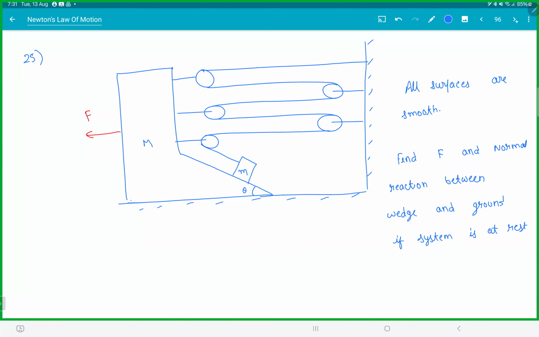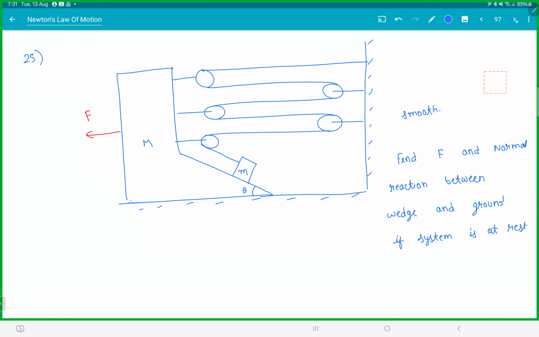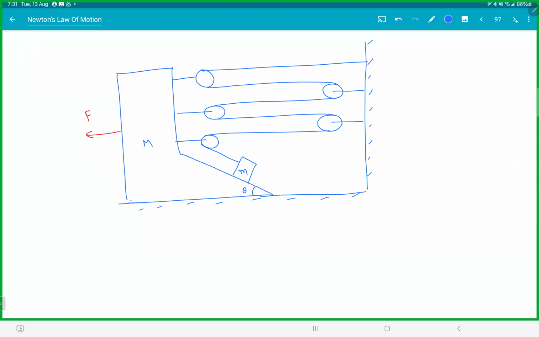Now, listen to this carefully. What you choose as a system makes a lot of difference. This is what I keep saying: when you have different choices, choosing well will make things become easy for you.